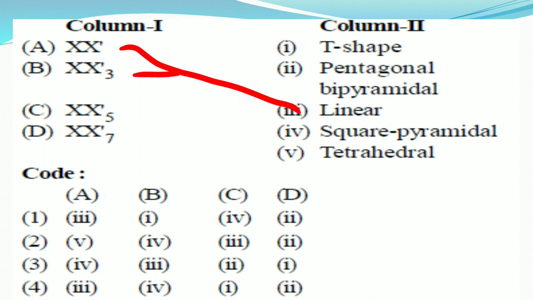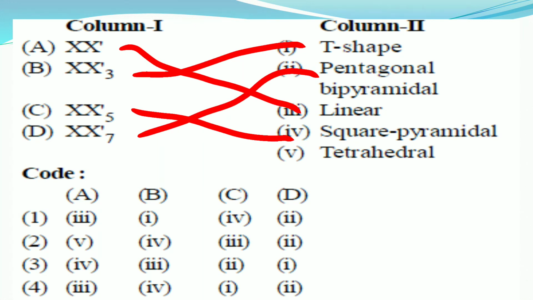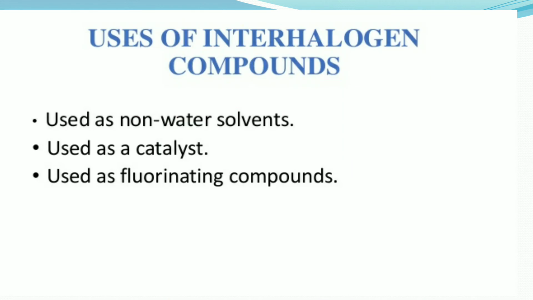Yes, this has a T-shaped structure. XY5 has what? Yes, square pyramidal shape. And IF7 has the pentagonal bipyramidal shape. Okay, this is the shape of all the interhalogen compounds.